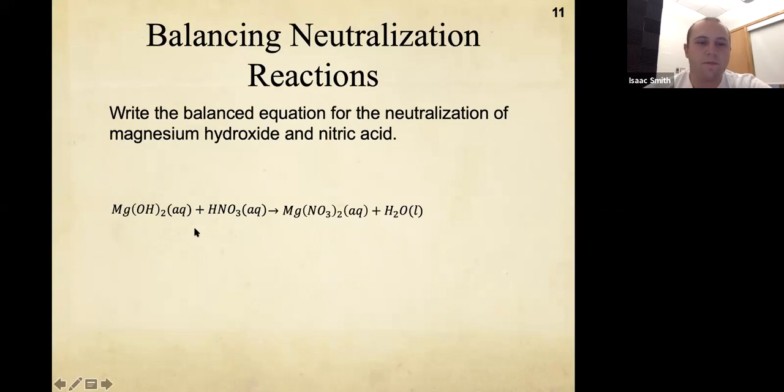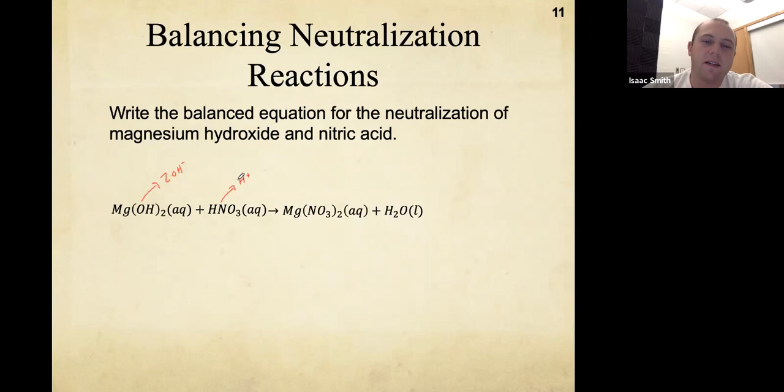and water. Well, the easiest way to do this is to notice that your acid is going to give off 1 proton. And when magnesium hydroxide goes into solution, it's going to give off 2 OH minuses. So that tells me for every one of these, I need to give 2 protons, right?